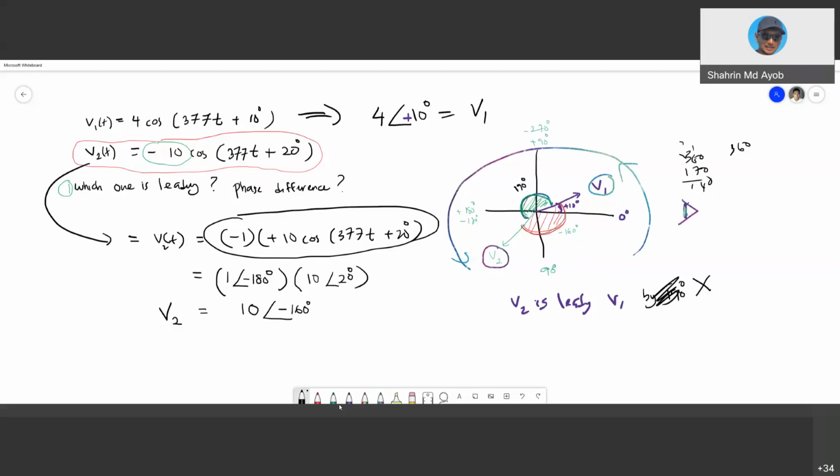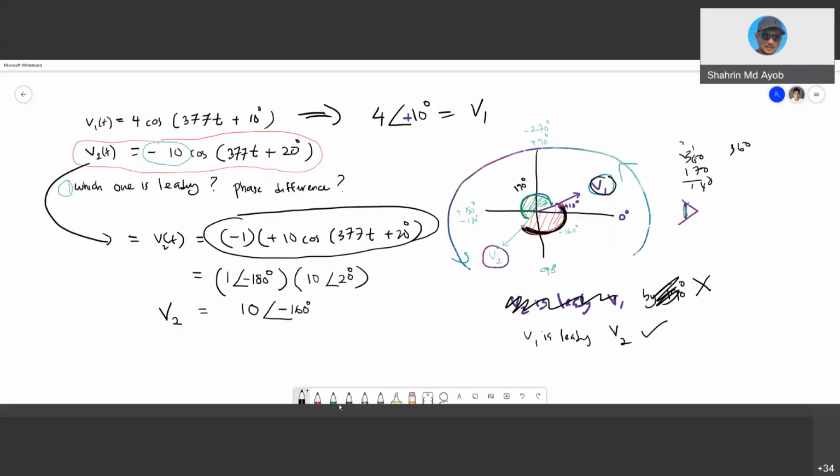It should use the smaller phase difference. So I see V1 come first, and then after that V2. So that's why V1 is leading V2. So this is the correct answer.